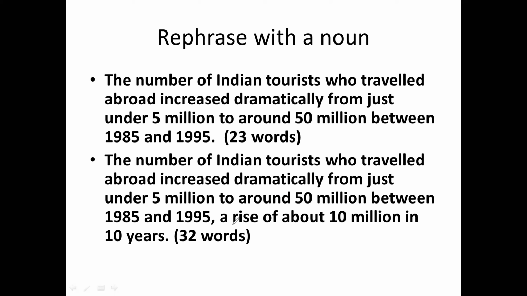For example, we can add this wonderful phrase: the number of Indian tourists who traveled abroad increased dramatically from just under 5 million to around 50 million between 1985 and 1995, a rise of about 10 million in 10 years. So we've added this phrase and increased the length of the sentence from 23 words to 32 words. We just added that in this span of 10 years, there was a rise of about 10 million.